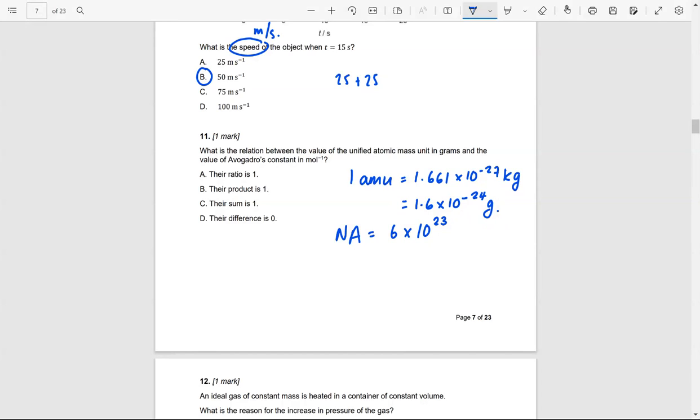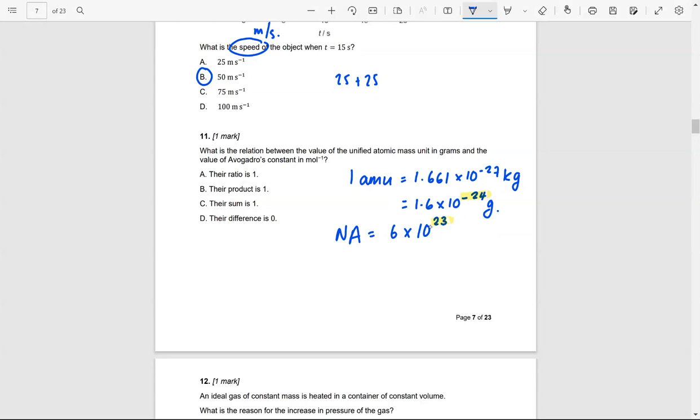So what we can see is that the 10 to the minus 24 is very similar to the 23. So the difference between them, first of all, let's start at D. The difference between them is 0.